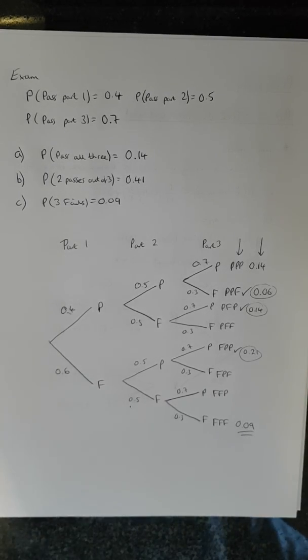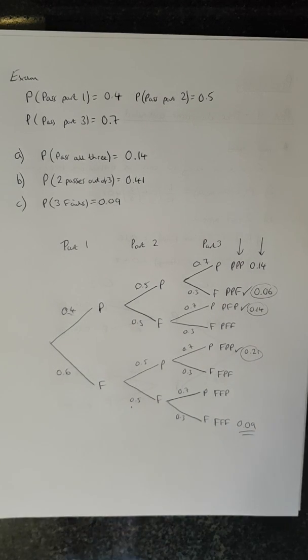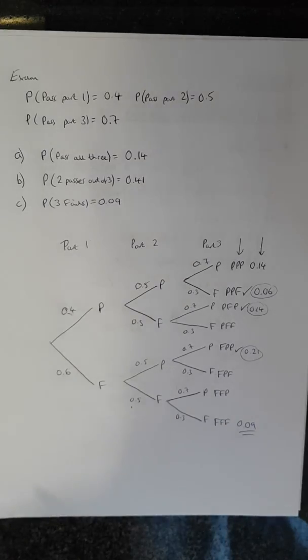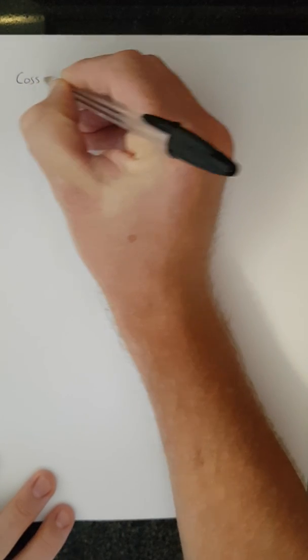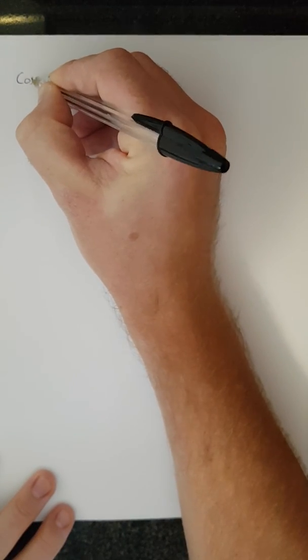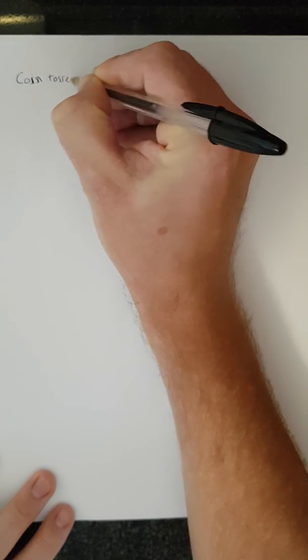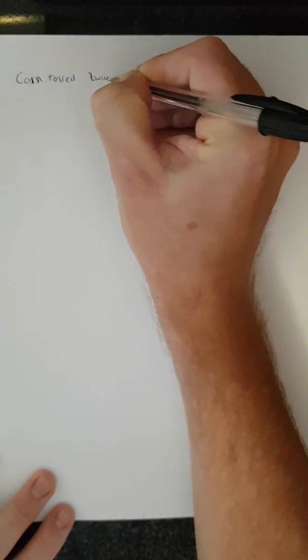Let's keep developing this now and look at a trickier question. And what we're now going to see is that actually we won't necessarily need to draw a tree diagram at all. Some of these we're going to do without. Here we go. So, here's a coin tossed twice.